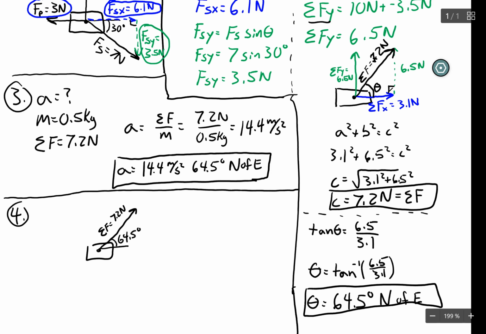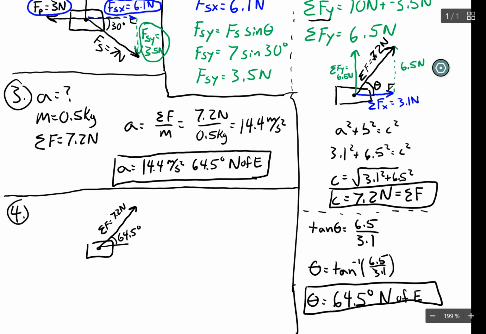If Einstein's going to counteract all these dogs, he's got to exert a force in the exact opposite direction with the same exact magnitude. So the force of Einstein, or the equilibrium force, is going to be 7.2 newtons. And this would also be theta. I'm just going to write theta there. It's the same angle, 64.5 degrees.